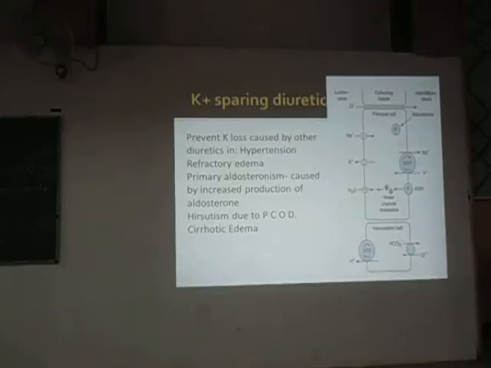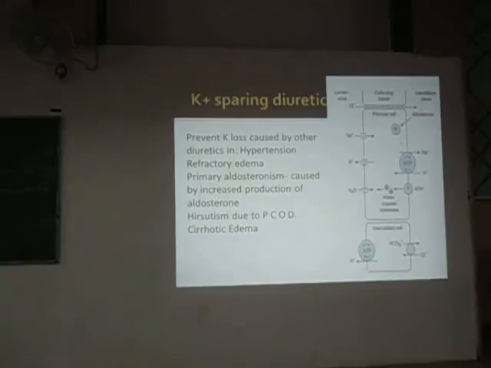But the potassium which was excreted due to the electrical gradient which was created, that system is altered. That's how it becomes a potassium sparing diuretic. Okay, and these channels we call epithelial sodium channels, or ENaCs.